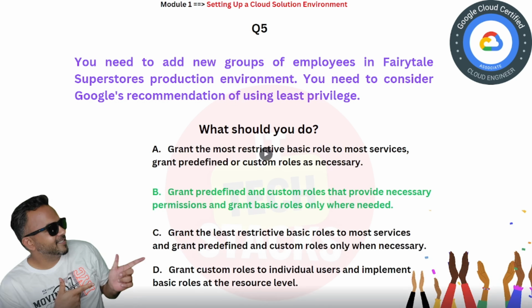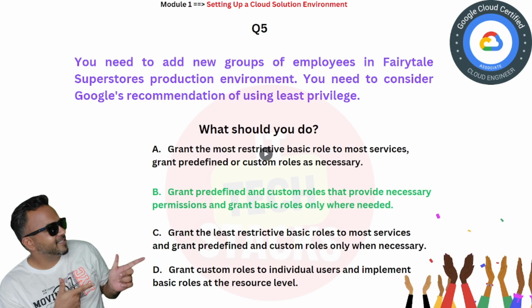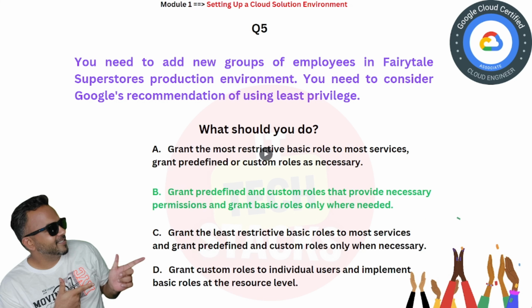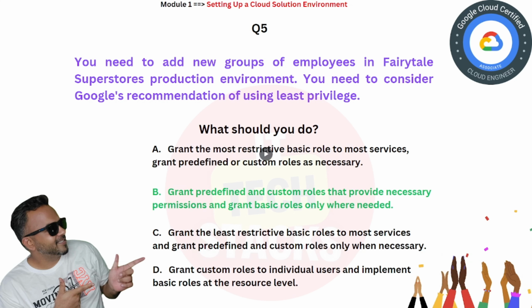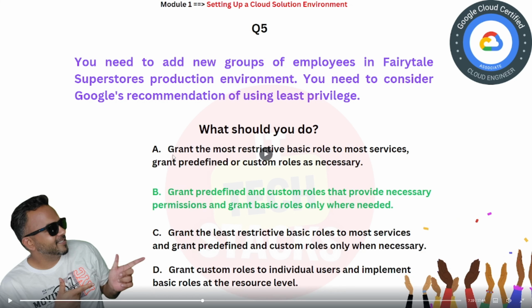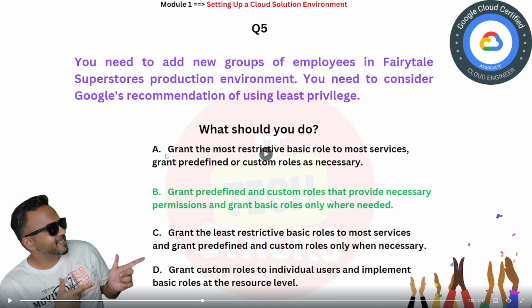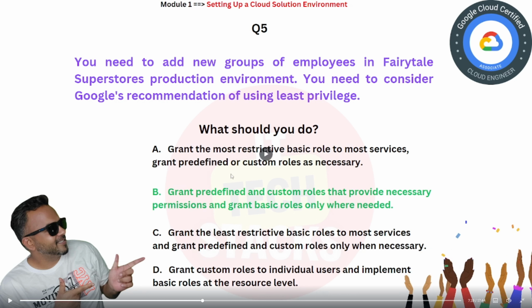Yes, the correct answer is to grant predefined and custom roles that provide necessary permissions, and grant basic roles only where needed. Those who answered option A, just to give feedback, this is incorrect. Basic roles are too broad and don't provide least privilege.